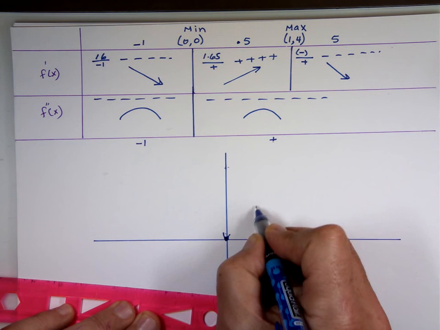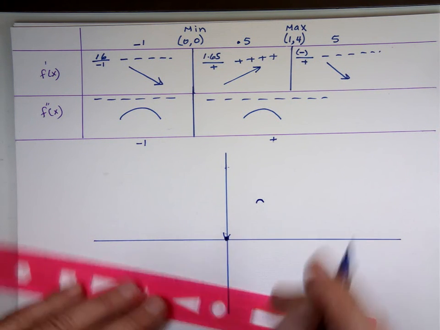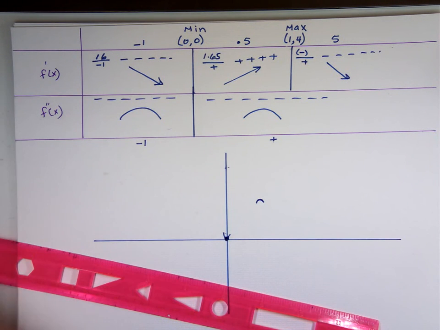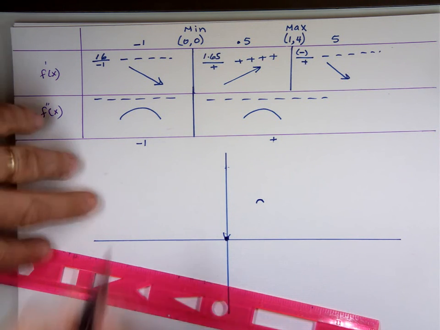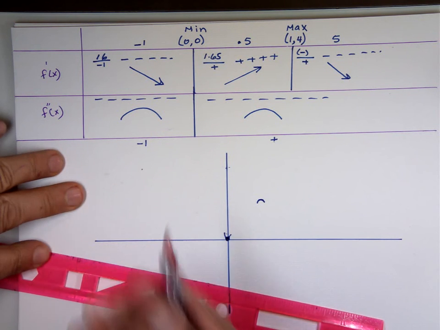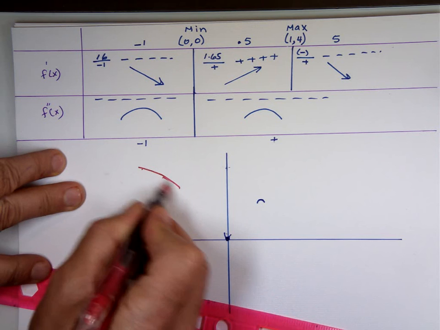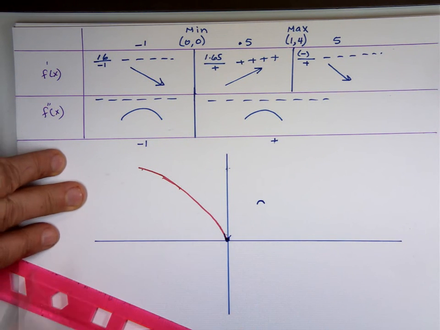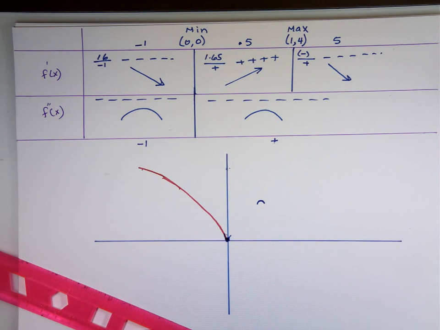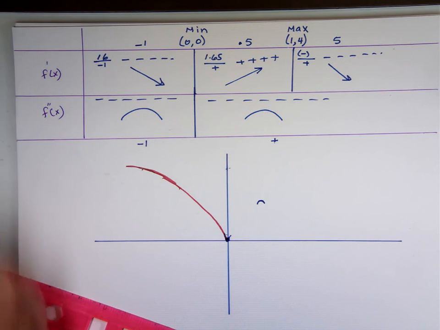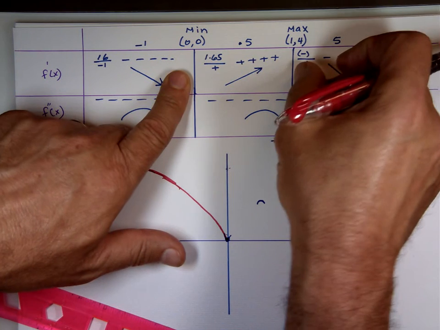Before this point, the function is decreasing concave which way? Downward, right? Decreasing concave down. Well, where's it coming from? Way up there, infinity. Looks like this. Decreasing concave down. What happens once you hit this point and before you get to the 1? It's increasing concave which way?